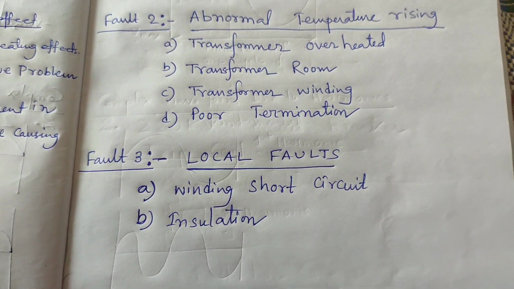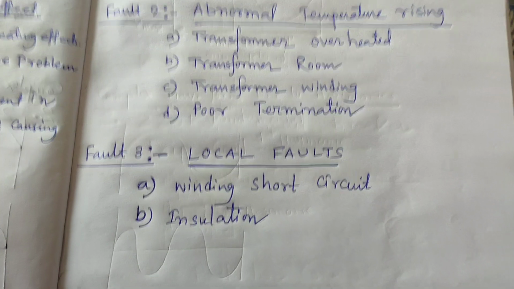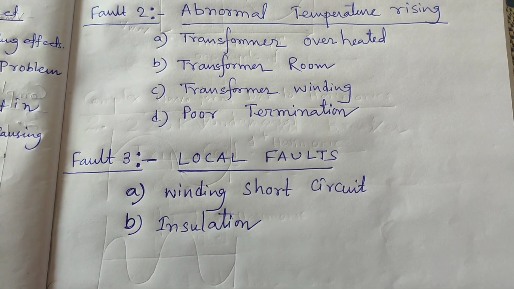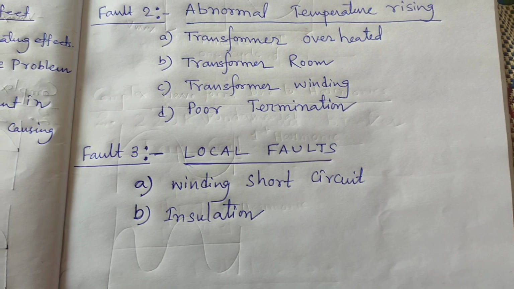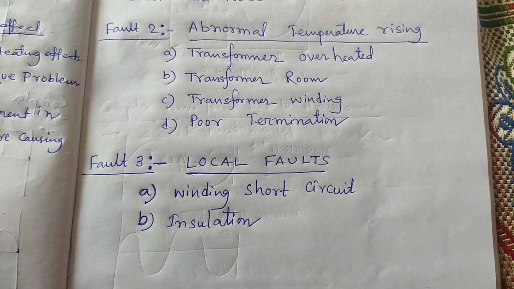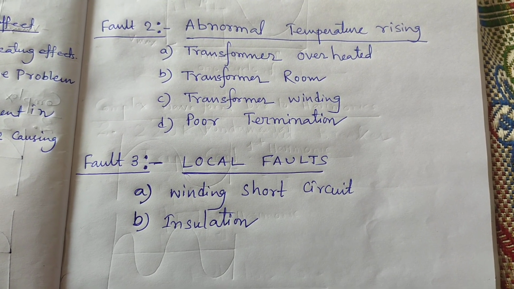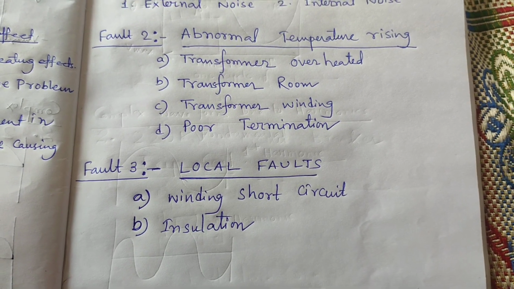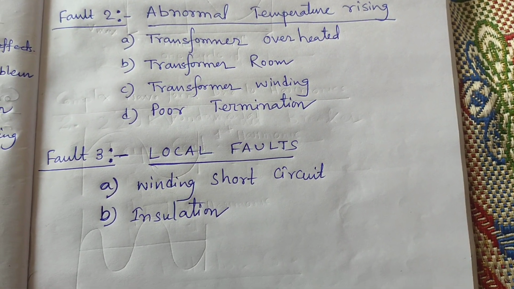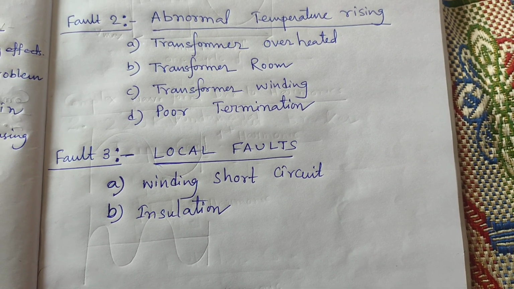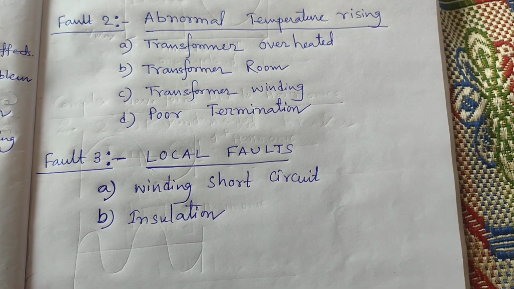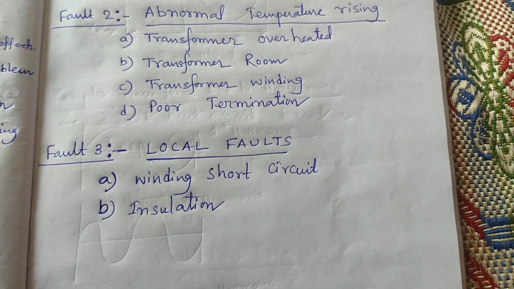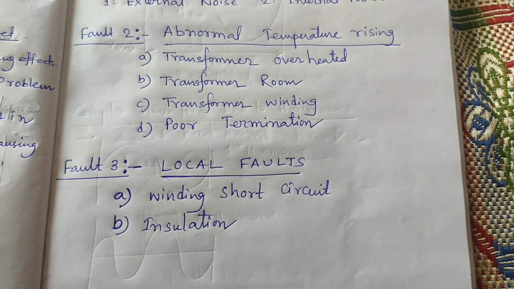The NO/NC contact of the pressure release valve may be the WTI pressure release device valve, or it may be the main tank pressure release valve. So we should check that point. And also if there is a shutdown, you should check whether the tan delta value of the bushing is in range or not.